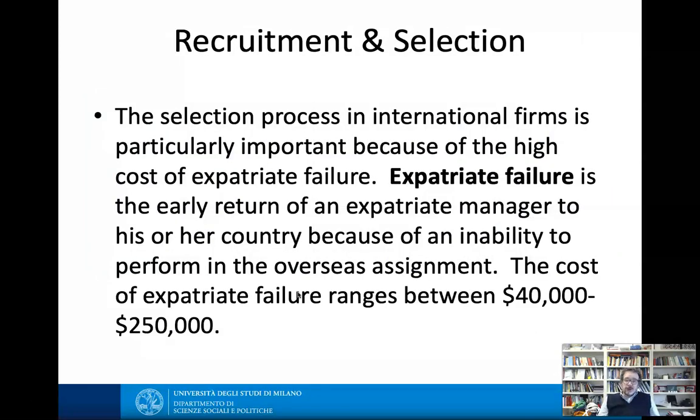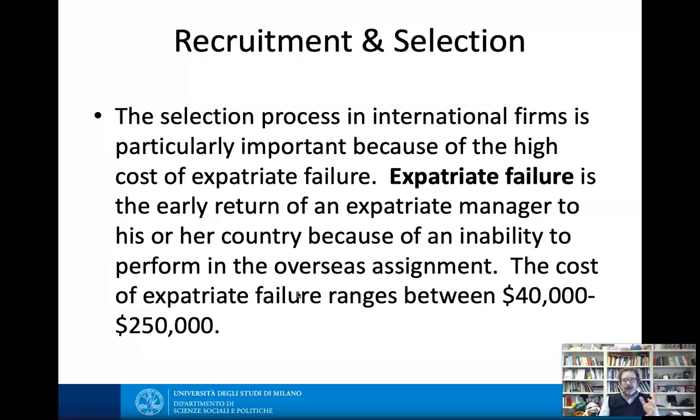We know, though, that despite the fact that we know what is needed, the selection is usually quite complex, and the failure is very high. The expatriate failure, by the way, is extremely expensive to the company. According to some research, the cost of failure of an expatriate ranges between $40,000 and $150,000.